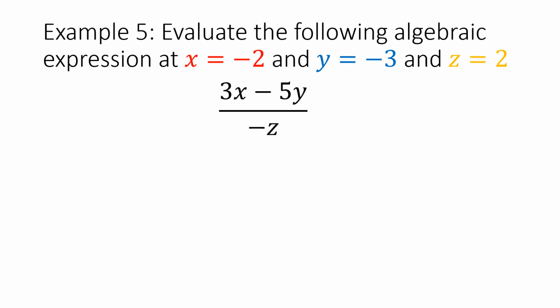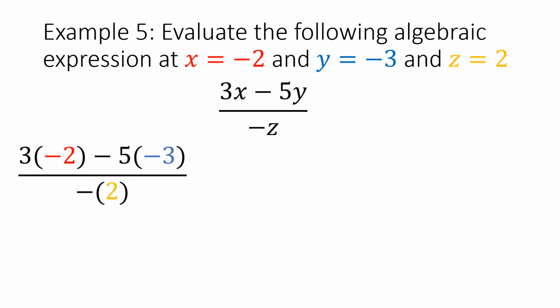And so, like we've been doing in all the other examples, anytime you see a variable, I want you to put parentheses, and then inside of those parentheses goes the numbers that the variable equals. And so that's going to look like this. So -2 goes in place of the x, the -3 goes in place of the y, and then the 2 goes in the place of the z.